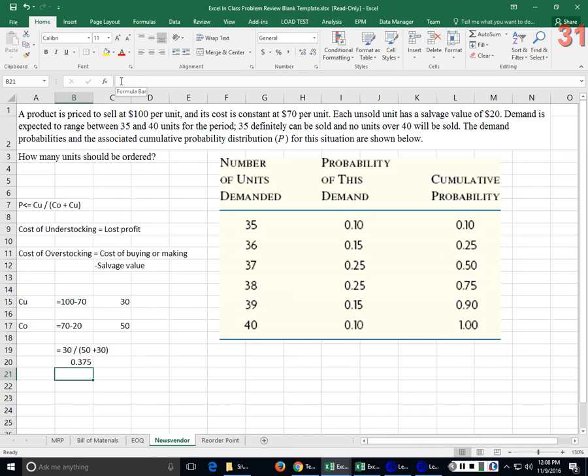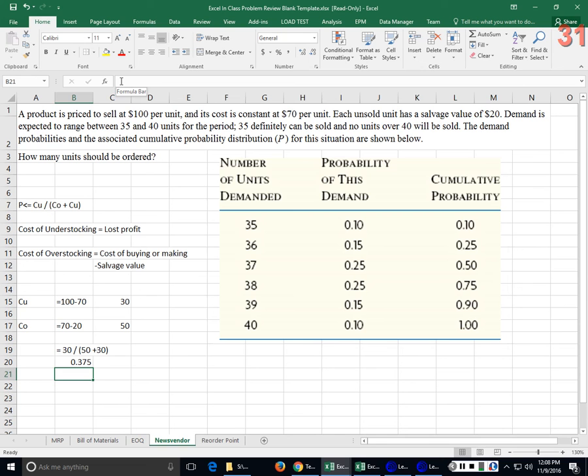The first way is to say, well, my probability of not selling less than 35 is 0. So you go, okay, well, 0 is definitely less than 0.375, right? So then my probability of selling less than 36 is 0.1.